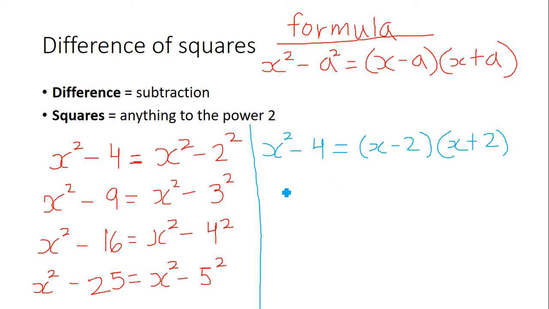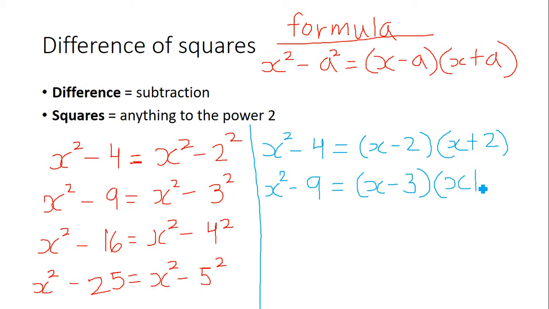And if we have something like x squared minus 9, that's going to be equal to what? x minus 3, x plus 3.